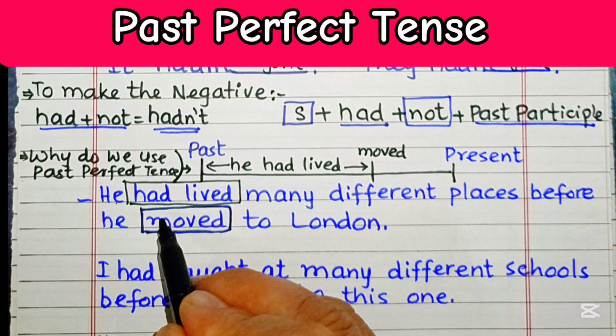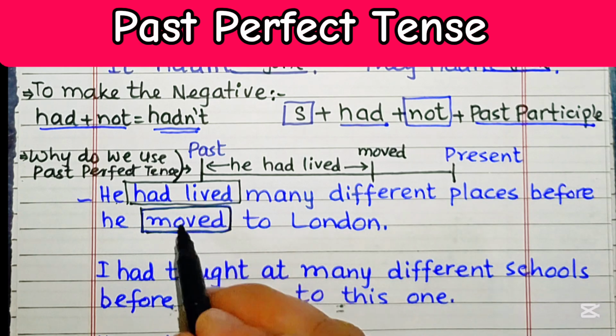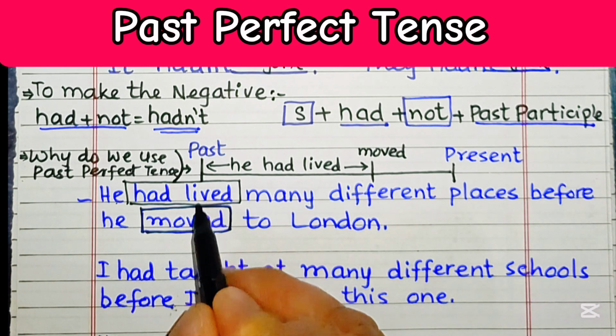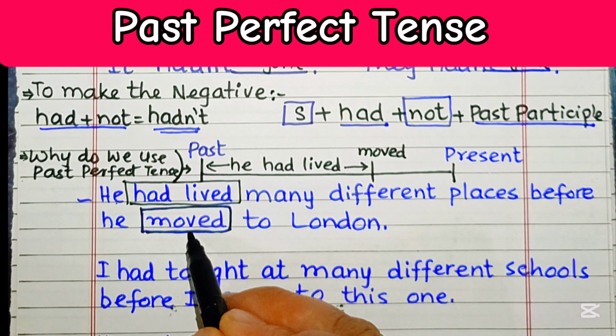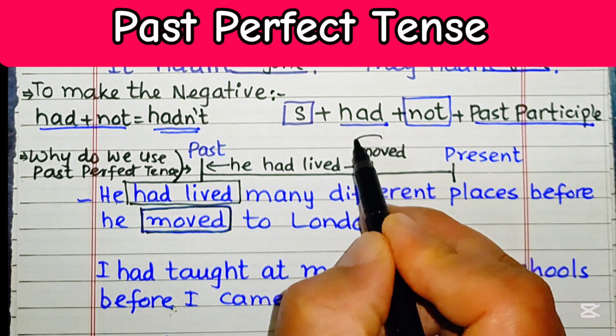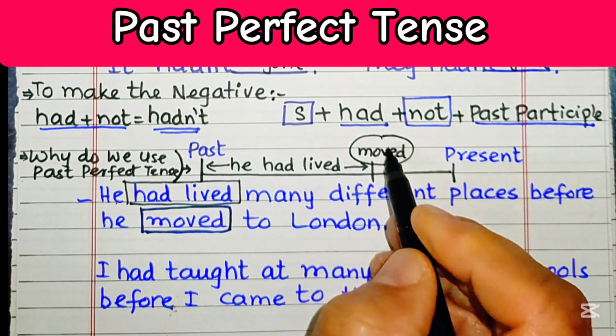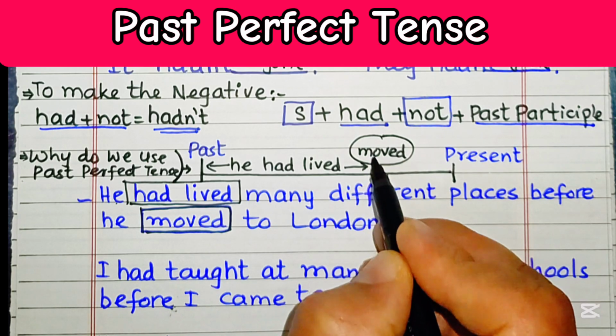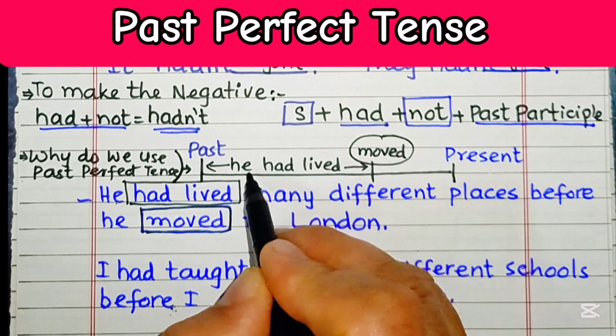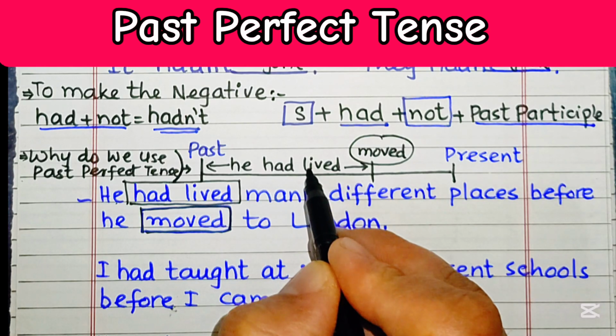As I said, the past perfect takes place before another past action. So had lived is past perfect and the other past action is moved in this example. He moved to London, this is past. And here he had lived in many different places.